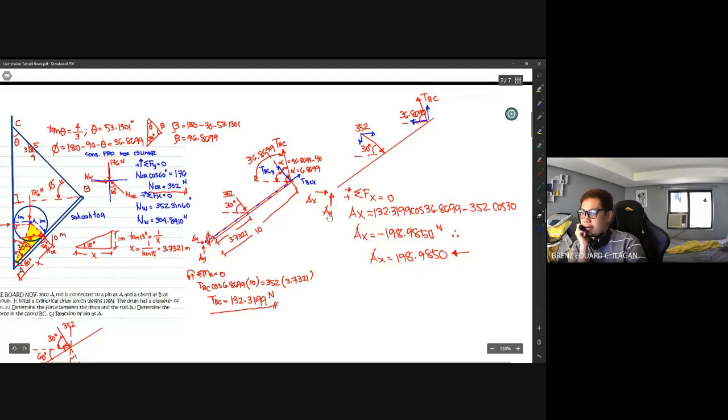So just correct it. And last will be the y component of the reaction at the pin.